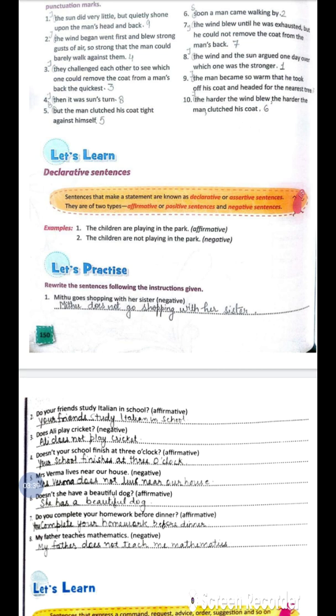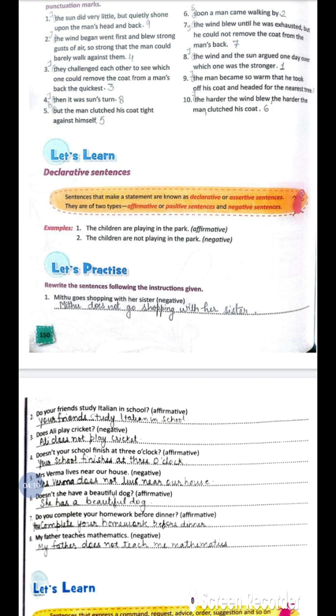The children are playing in the park, that indicates the affirmative sentence, and when you change into negative, the children are not playing in the park. Some more examples. Does Ali play cricket? Ali does not play cricket, when you change into negative. Doesn't she have a beautiful dog? Affirmative, you have to change, she has a beautiful dog.